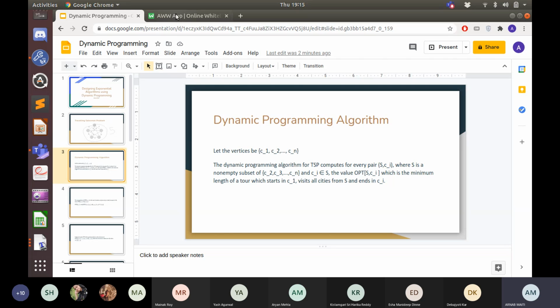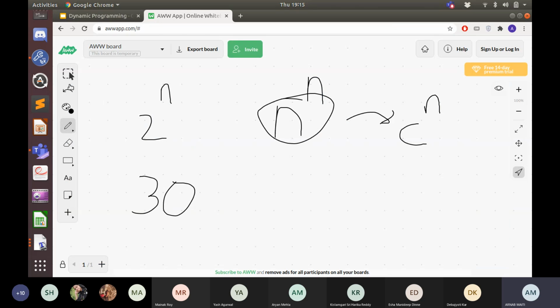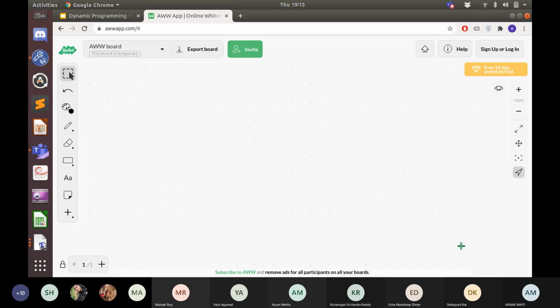Whenever we try to design a dynamic programming solution, we have a table. It might contain some arguments, and we want to store values and compute this table.